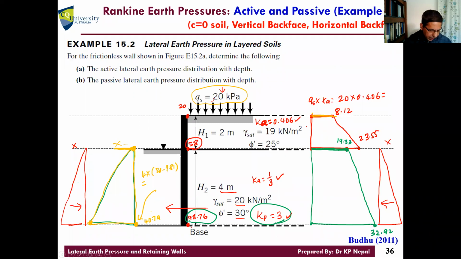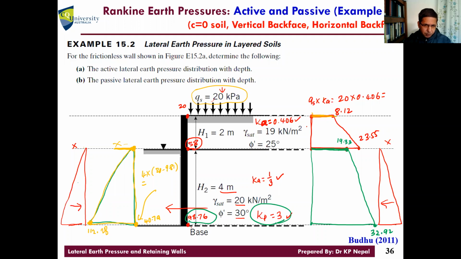What is Kp? 3, yeah? Look at this, passive force is so big. This is 122.28, right? So now, can I draw the force now? I drew this all. Now, I want the force. That means calculate the area of this diagram. What will be the area of this now? So height is 4 meter?